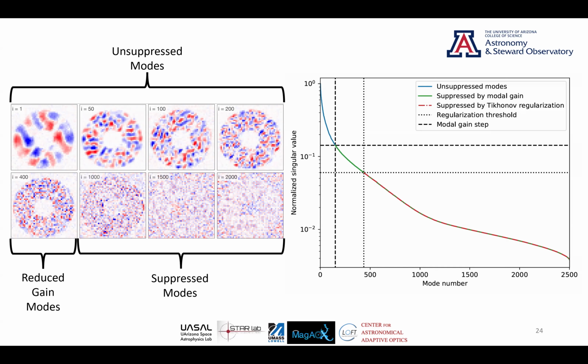So we say, I believe it's kind of there. Not all of it though, and this is common practice. So we have a selection of modes where we say it's important, it has a high ranking, it has a high singular value, but we think it has a little bit too much noise in it, so we're going to suppress it with a modal gain. And then we have our unsuppressed modes, which is this section here up to mode number probably maybe 200.